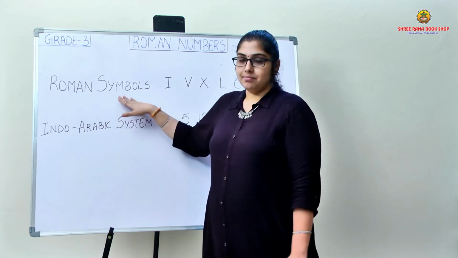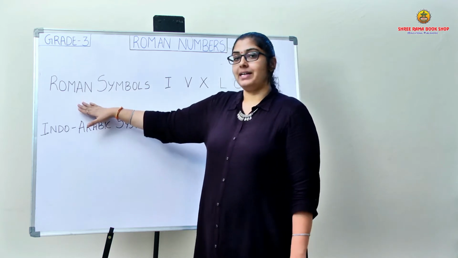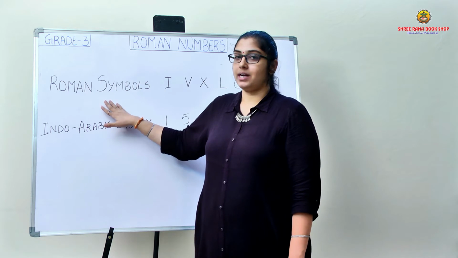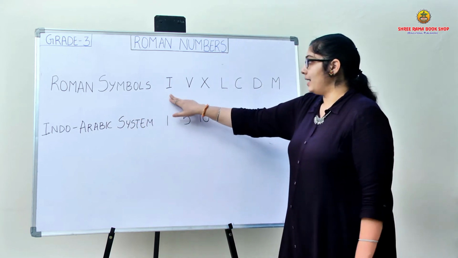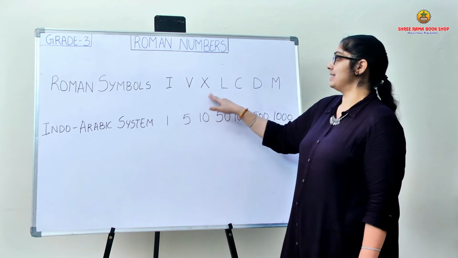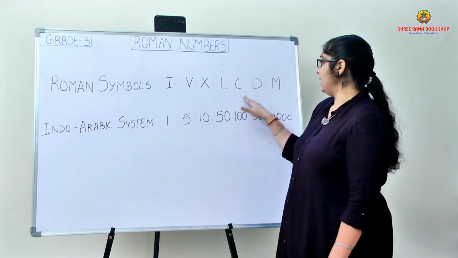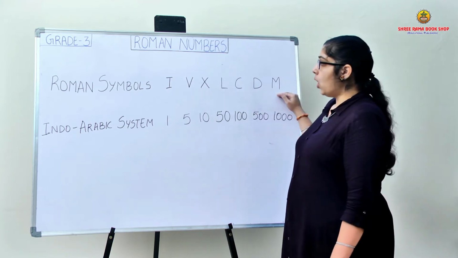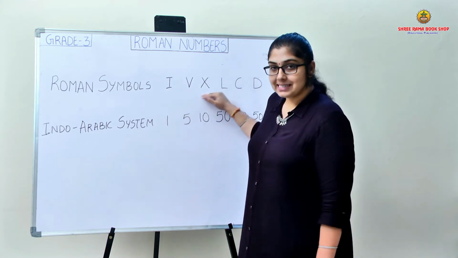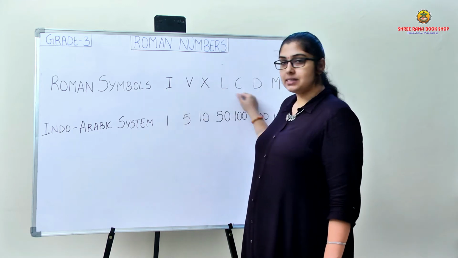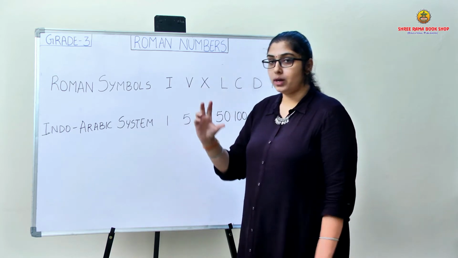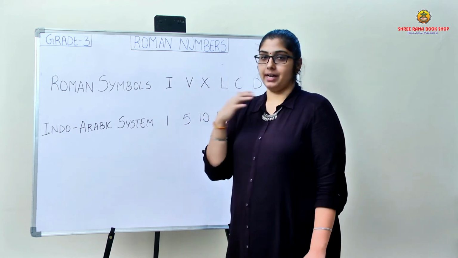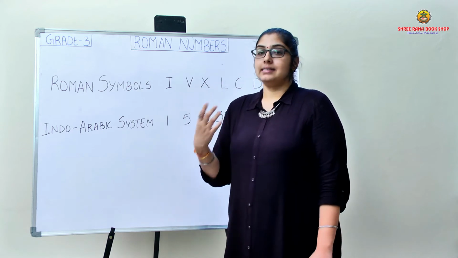Okay, Roman symbols. What are the Roman symbols? They have separate symbols, not the numbers we use. Those Roman symbols are I, V, X, L, C, D and M. All these letters are Roman symbols. These letters each represent one number in our Indo-Arabic system.